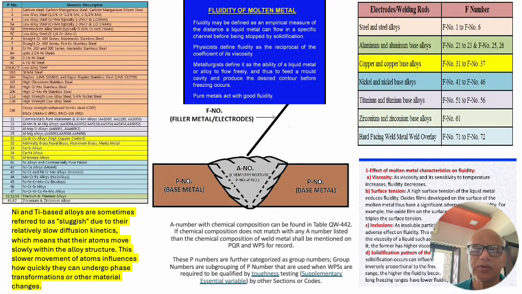parent metal composition. So for ease of understanding, let's say we have a carbon percentage of 0.1 in our filler wire, and 0.2 in the parent metal. So now we are going to have 10% on each side in the resultant metal.